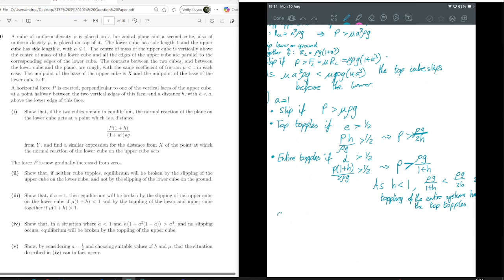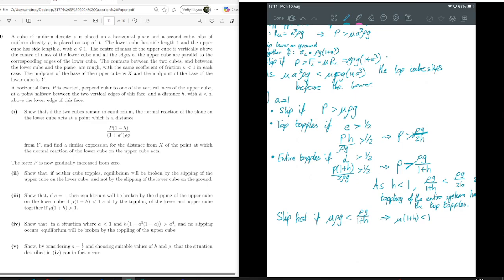So we'll slip first if the slip condition is easier to achieve than the topple condition. So I'll slip first when mu 1 plus H is less than 1.